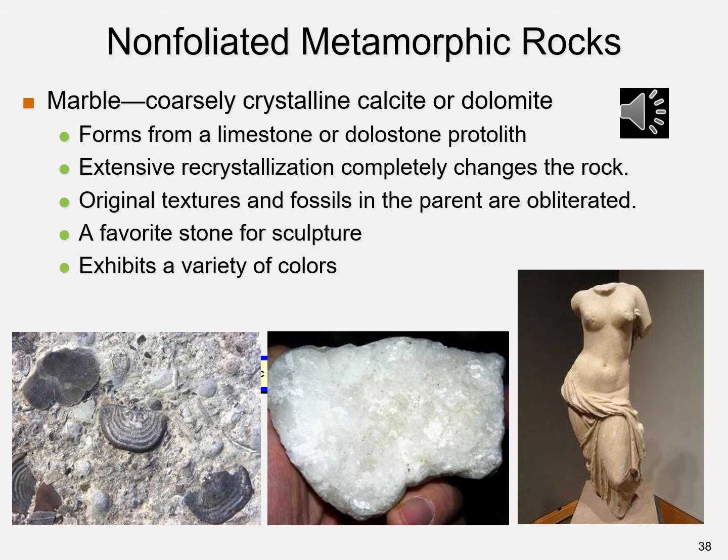If the original protolith contained layers with different impurities, the resulting marble has color banding that makes it a prized decorative stone. Marble can flow like soft plastic under metamorphic conditions, a process that smears out different colored portions of marble into beautiful contorted curving bands.